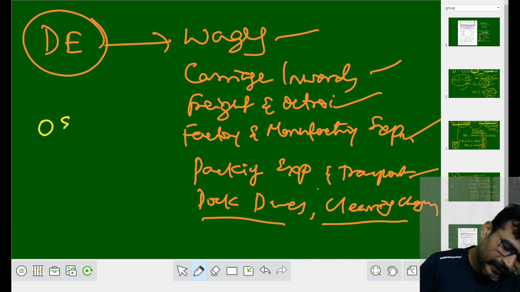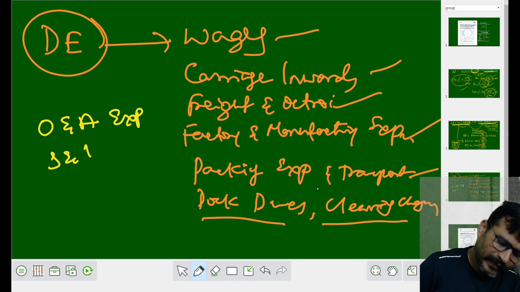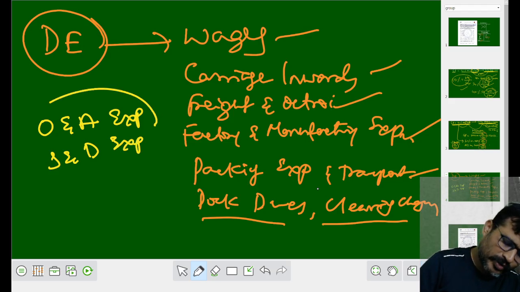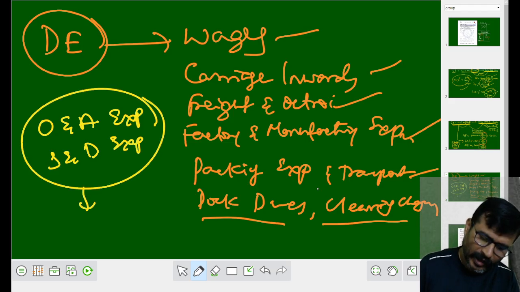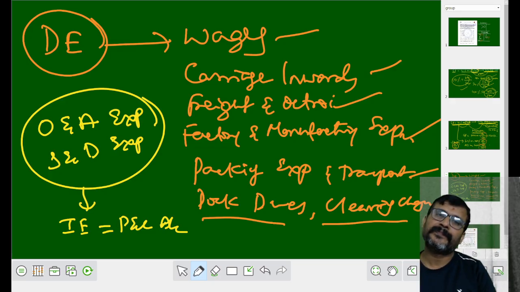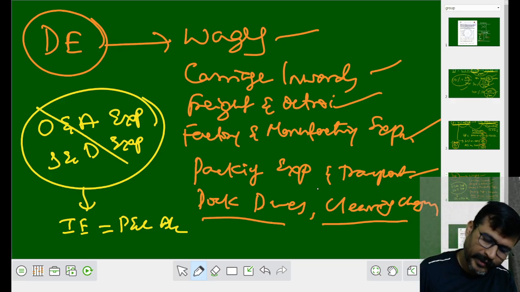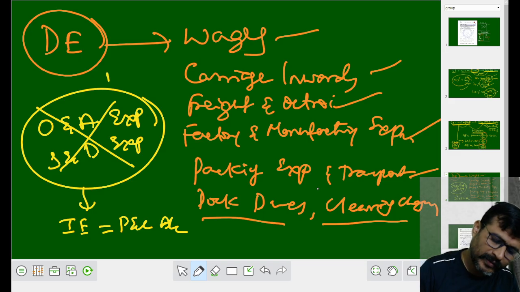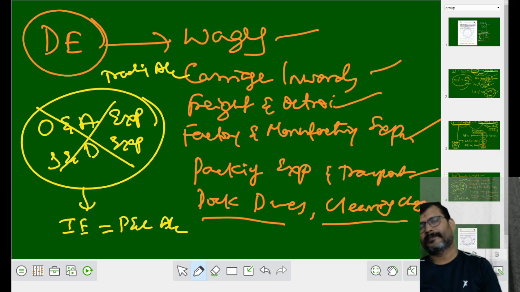But office and administrative expenses, selling and distribution expenses, they are called indirect expenses. They come in profit and loss account. They are not to be recorded in trading account. Please make a note of these three things in your notes.